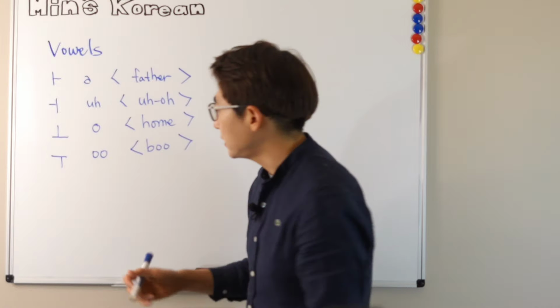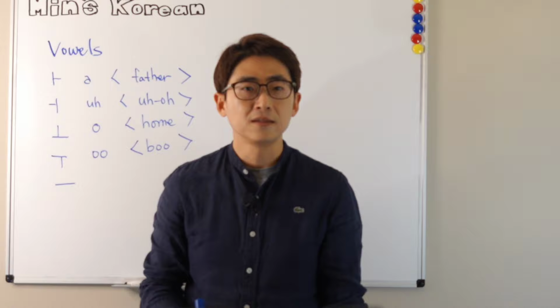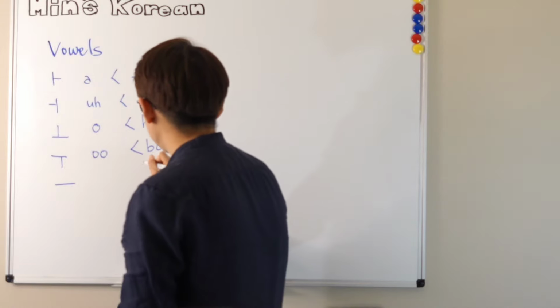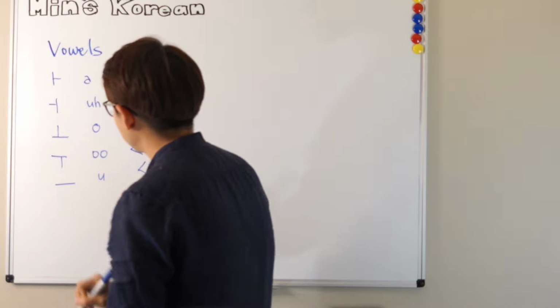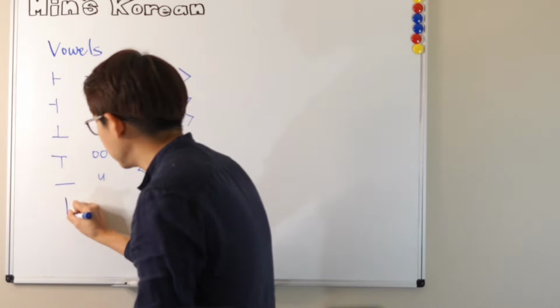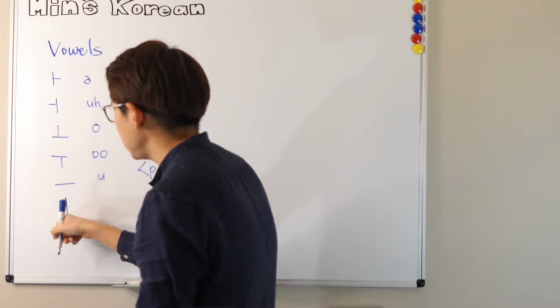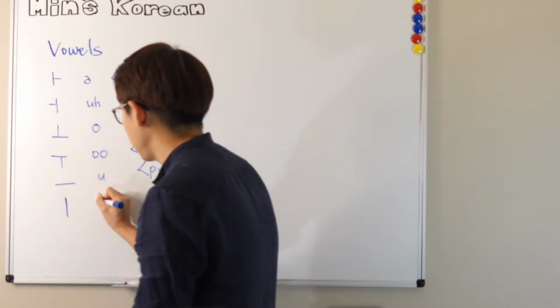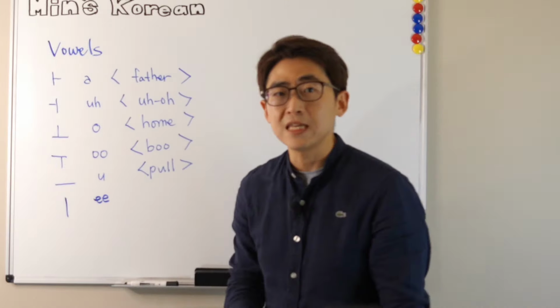Okay, and the next word is this one, as in pull. Alright, and the next word is another neutral vowel, E. Alright, and the English representation is E as in B.